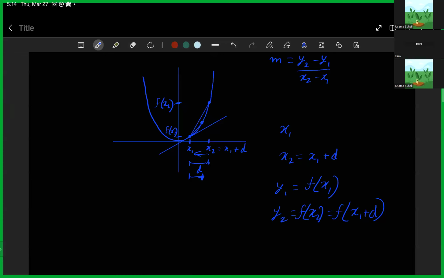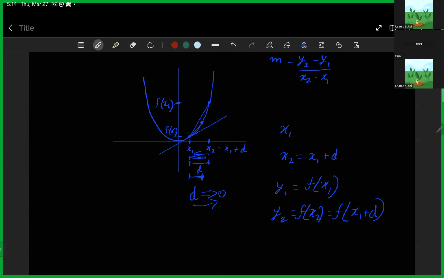Now, the key concept here that we are going to use is, we want this d to approach 0. We want this d to be as small as possible. So we want this d to approach 0, right?